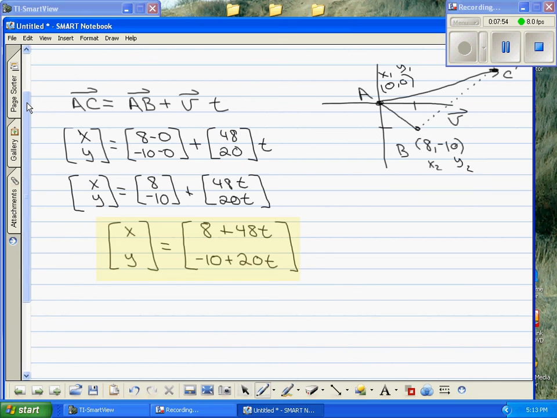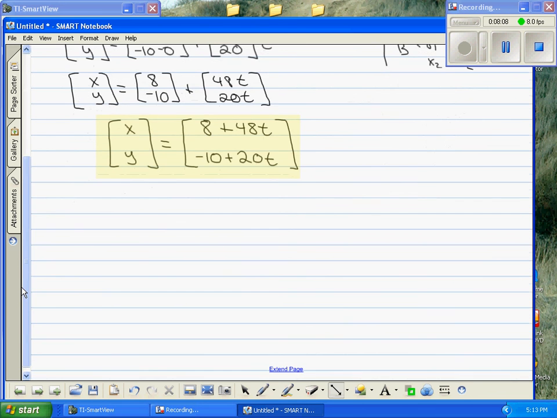If I'm finding directly east of us, I am looking for this vector right here. When will the car be right there? So the first thing I have to do is write this equation in parametric form. The parametric form of the equation is that the x component makes up one equation and the y component makes up another equation.